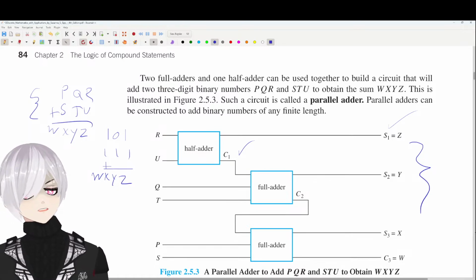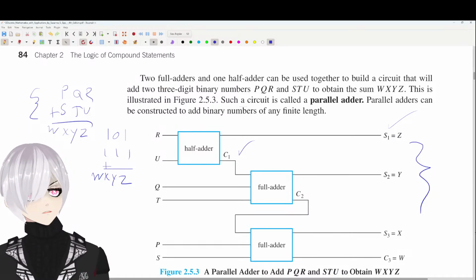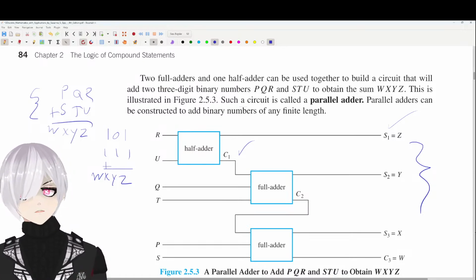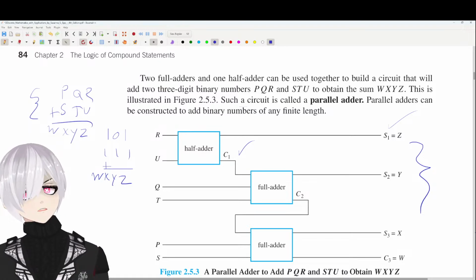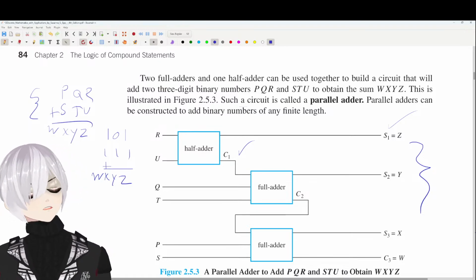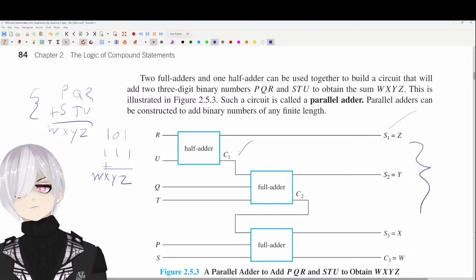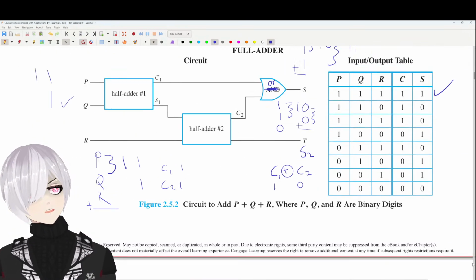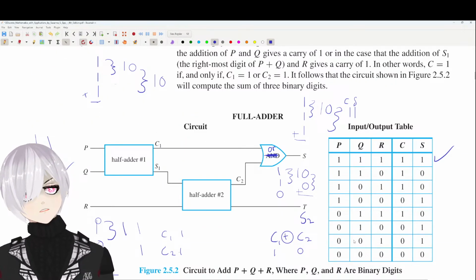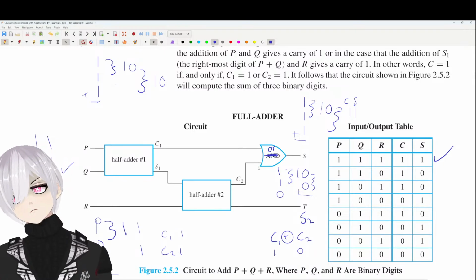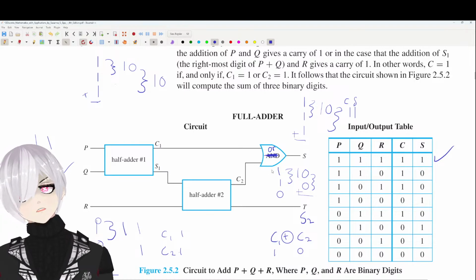So the half adder part, we understand that already. The full adder part, let's look at the definition again: the half adder and another half adder with the or between the C's.